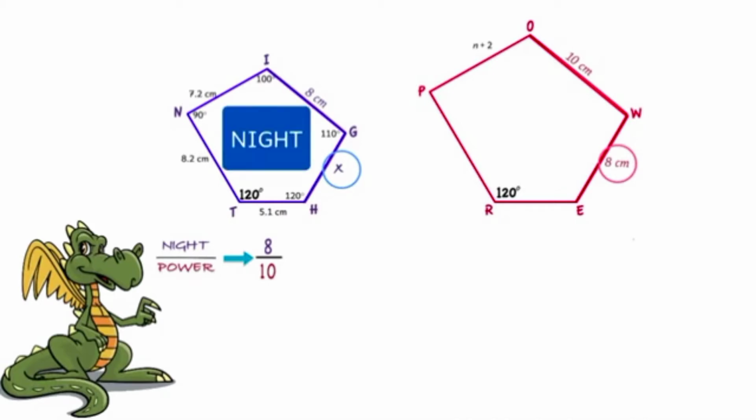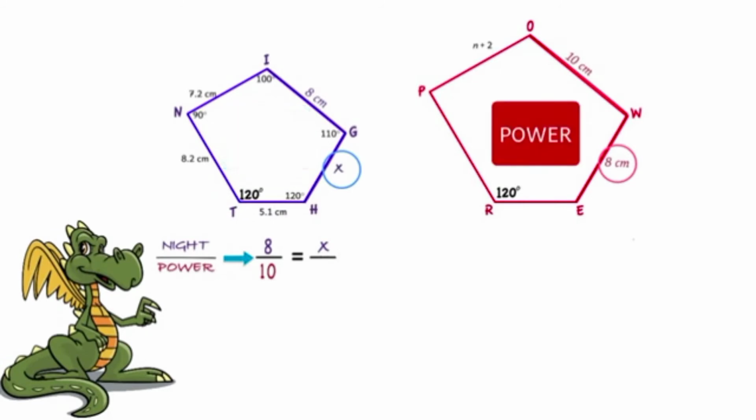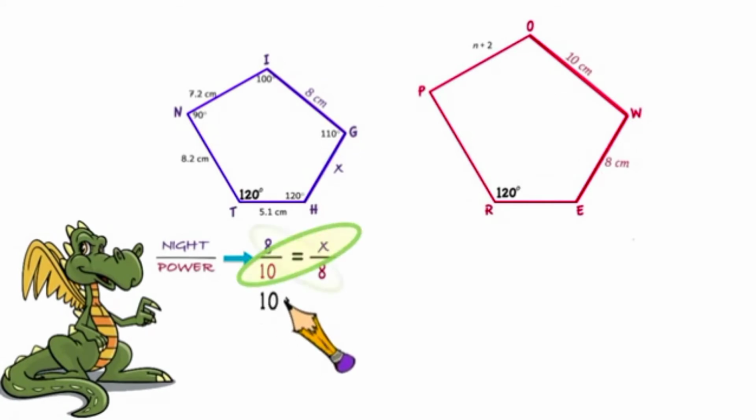The x is located on the polygon NIGHT, so we would put it across from the 8 centimeters in our ratio, and the 8 is in the polygon POWER, so we would put it across from the 10. Now we can solve for the length of x by cross-multiplying. So we get 10x equals 64, or x equals 6.4. So, side GH is 6.4 centimeters long.